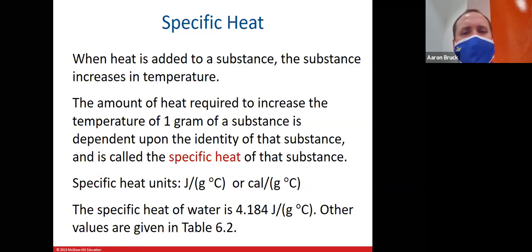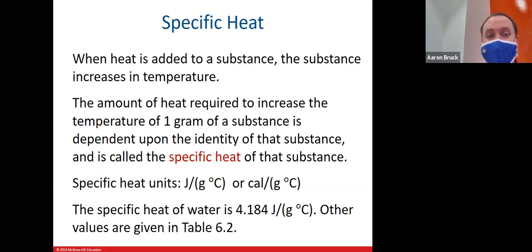Now, one part that is integral to this overall concept is something called specific heat. Specific heat is a value that is associated with a substance in terms of how much heat a substance has to absorb in order to increase in its temperature.